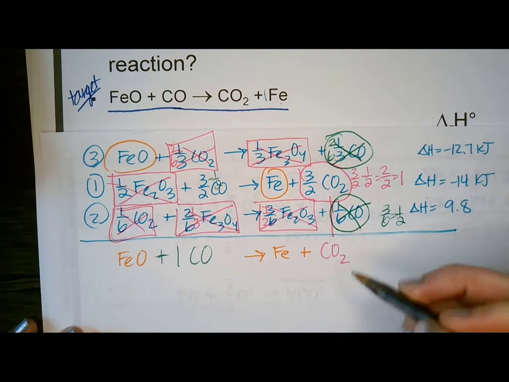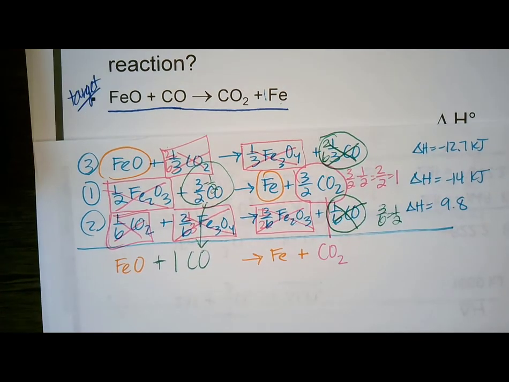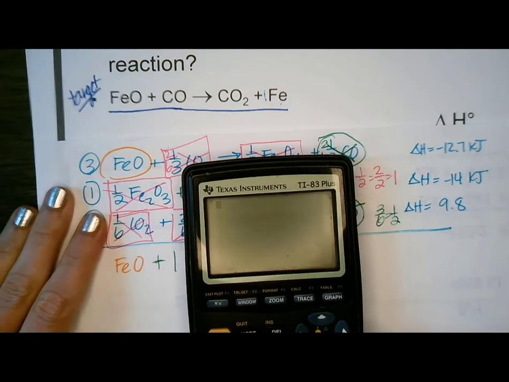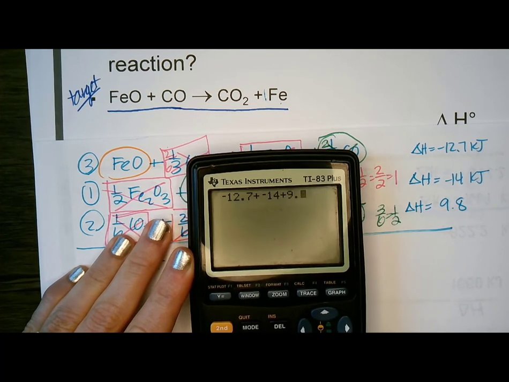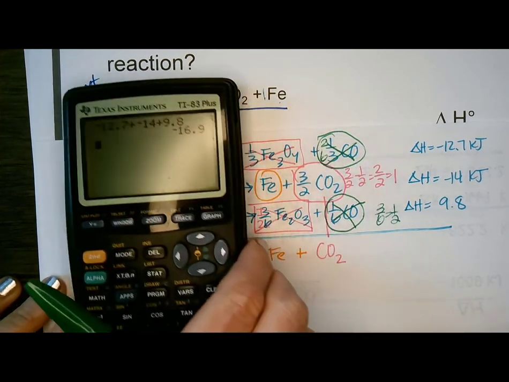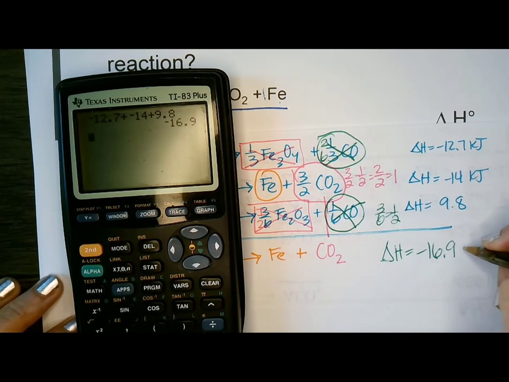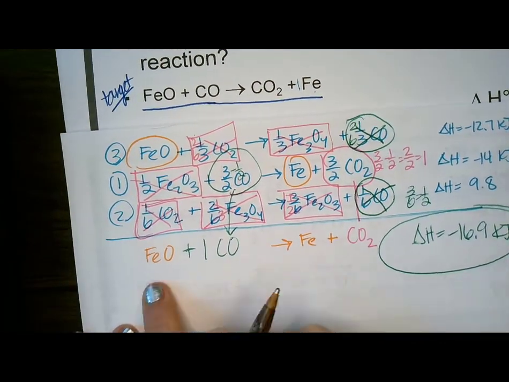Phew! So we cancel those out, and then the CO is going to come right on down here. That was a tricky one. Now let's add up our delta H's. Negative 12.7 plus negative 14 plus 9.8. Negative 16.9 kilojoules to get our target equation.